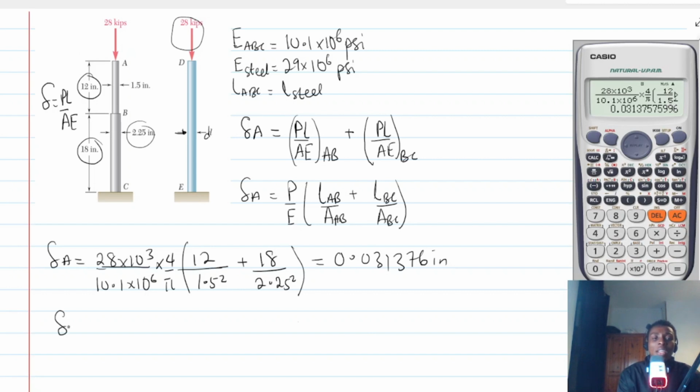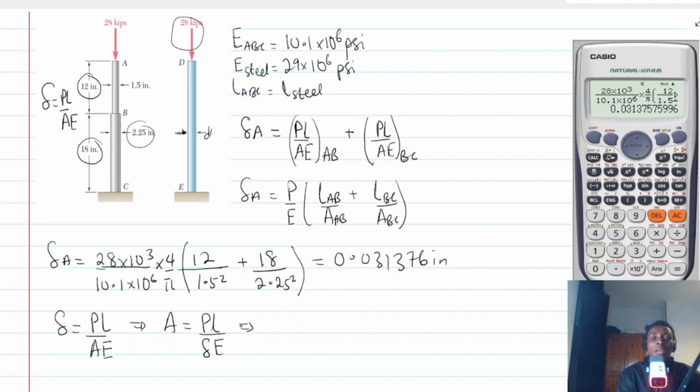So given this, our area is going to be what? Our area will be PL over delta E.